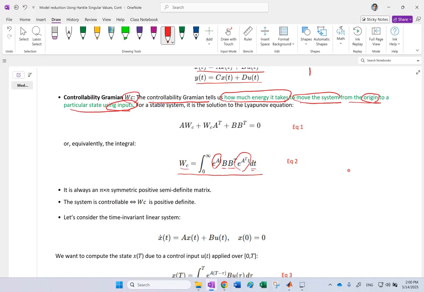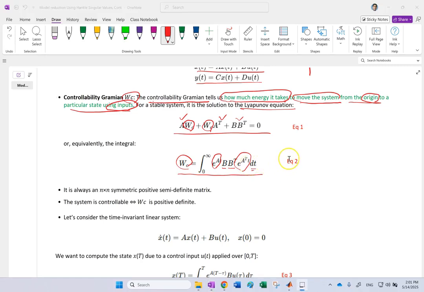If we can calculate this, that is the solution, the controllability Gramian. Or we can solve this Lyapunov equation here. Because I know A and B, if I can solve this for W_C, then W_C is my Gramian.